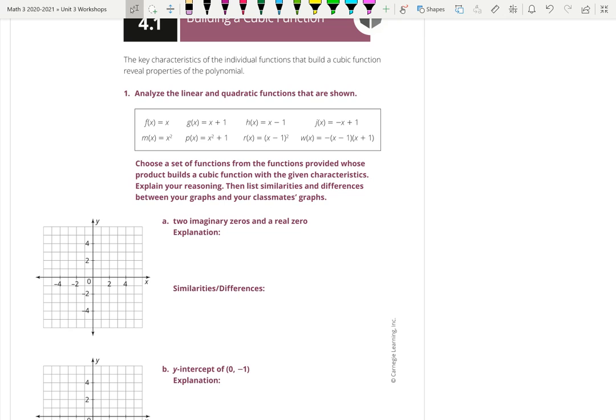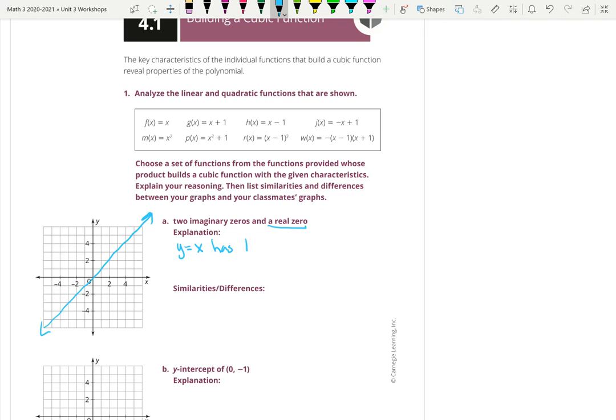So for example, let's start out with the one that's a little easier to understand. A real zero. Well, a real zero is 1 zero. I'm going to go ahead and choose the line y equals x.